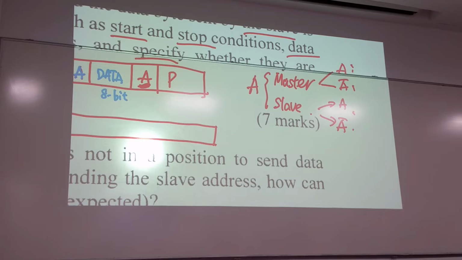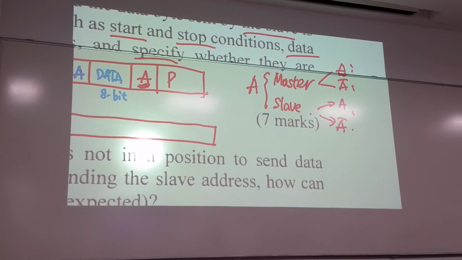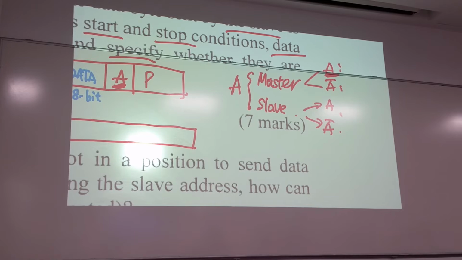If your master is sending A, what does it mean? Acknowledge, more data. What's the following reaction? Expecting the next byte. It means it has received this one and is acquiring more.